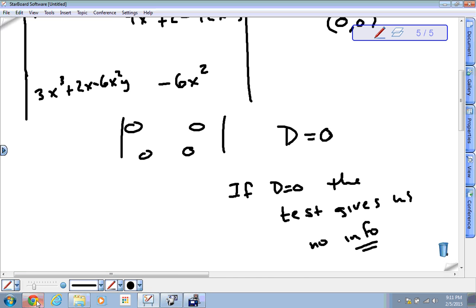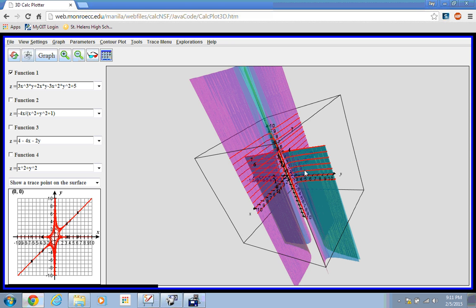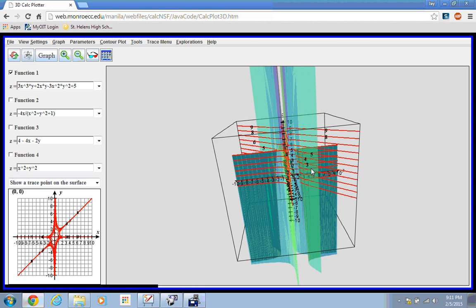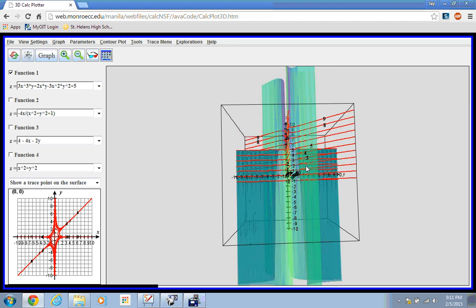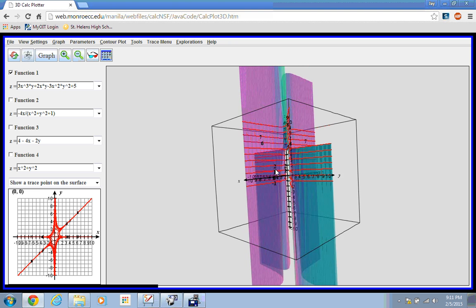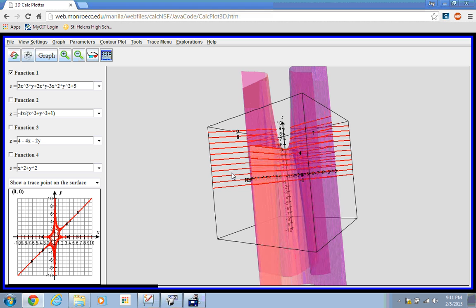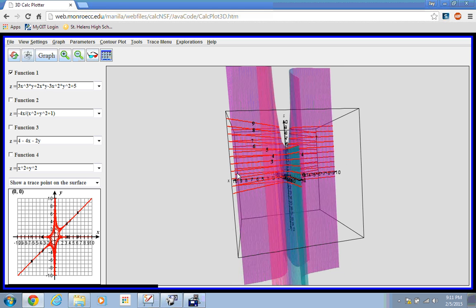Okay, well, let's go back and look at the actual graph. Notice how that line comes straight down the axis there. I wonder why that is. Interestingly enough, when I approach it down the x-axis, things change.